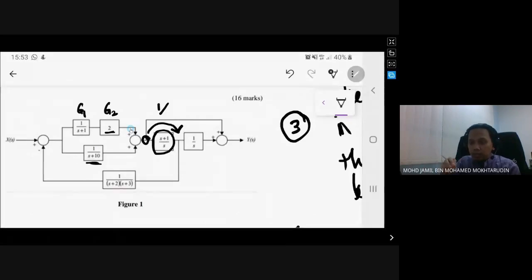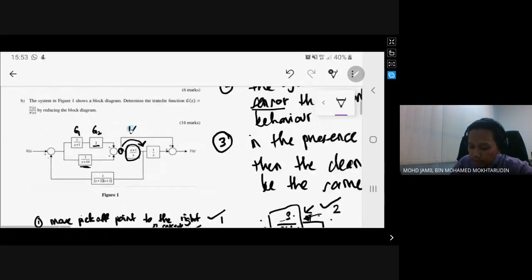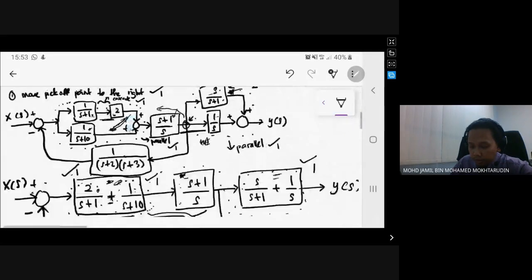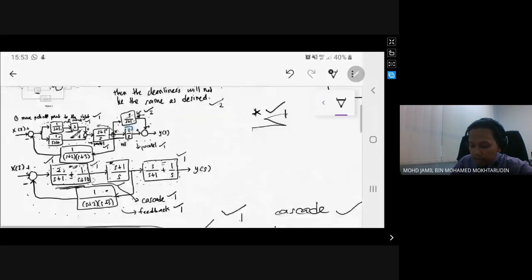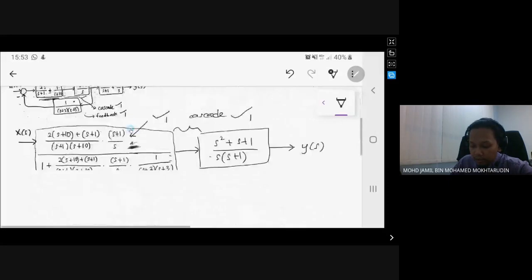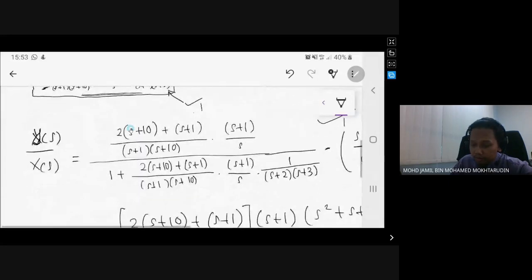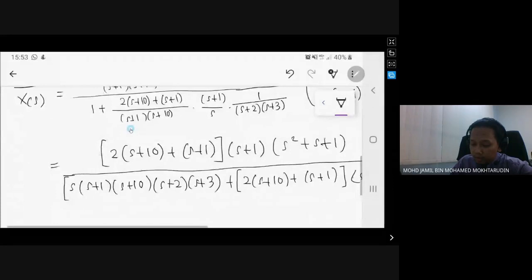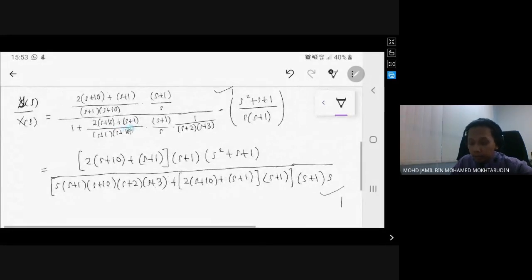So you need to substitute the values into the transfer function answer. And then after that, maybe you are going to analyze the stability using Routh-Hurwitz table, or you need to plot some graph.